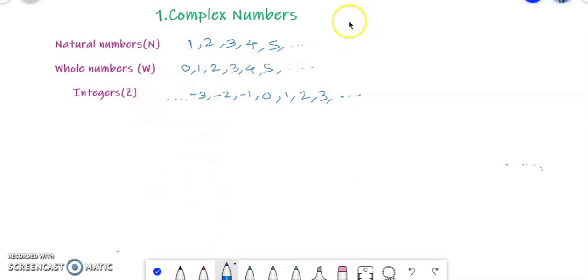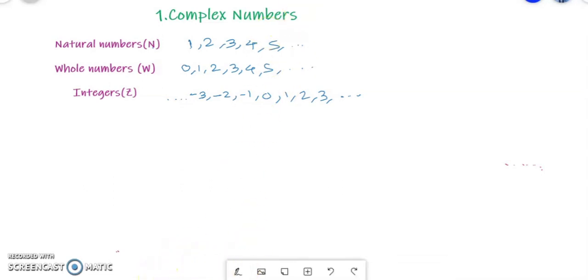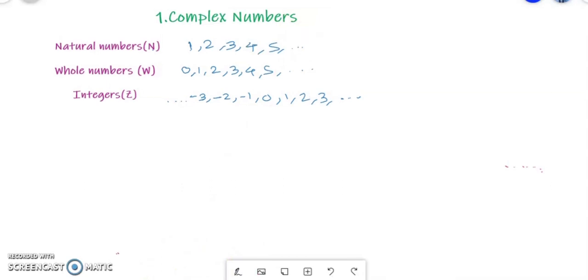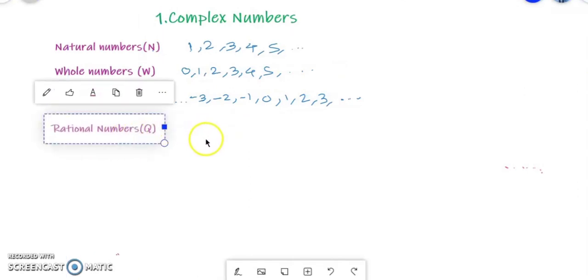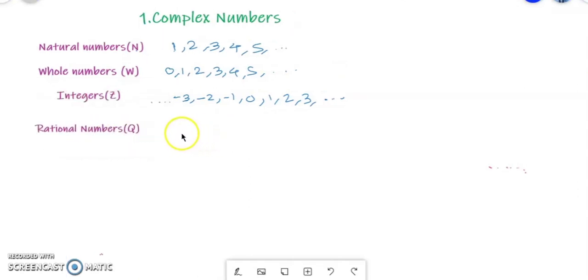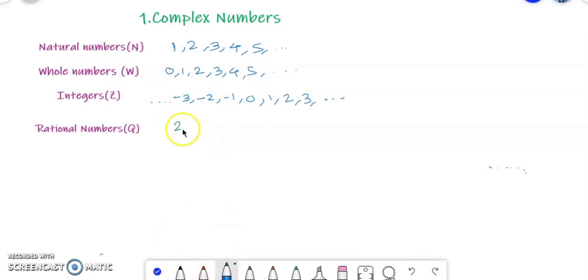The other type of number which we came across after that was rational numbers. Now what are rational numbers? Take any two integers like 2 and 3, and then divide them, get 2 by 3.